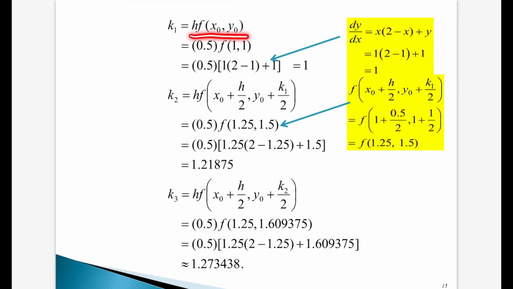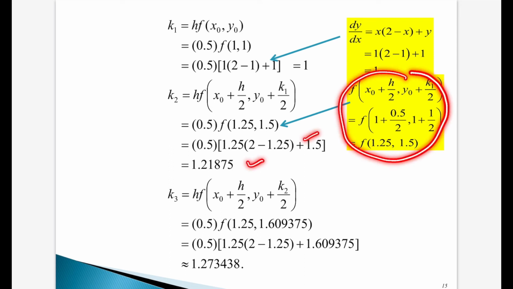k1 equals h f(x0, y0). This is your h, (x0, y0) is (1, 1). So just substitute x0 equal to 1, y0 equal to 1 into your dy/dx. Then you will get 1. Okay, for k2, h times f(x0 plus h over 2, y0 plus k1 over 2). Okay, this is the calculation.